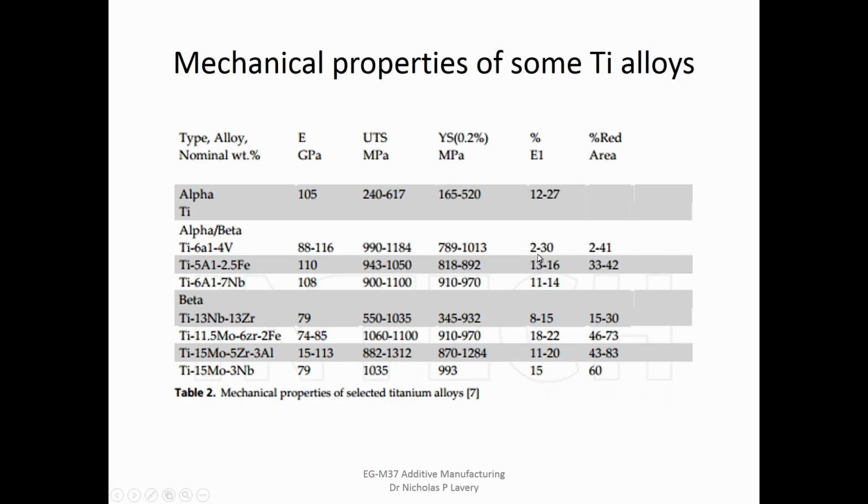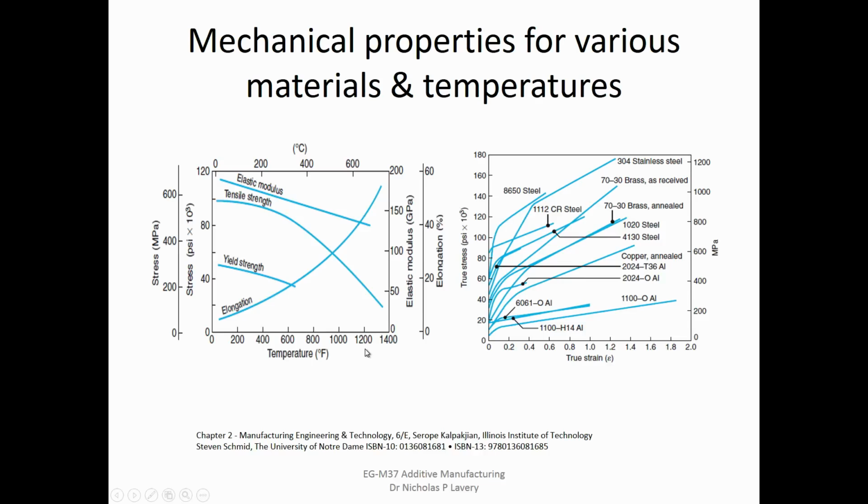We're going to see some stress strain curves from various additively made parts, horizontally and vertically, so you'll see that. Here are some of the changes of those mechanical properties. So tensile strength will reduce as a function of temperature.